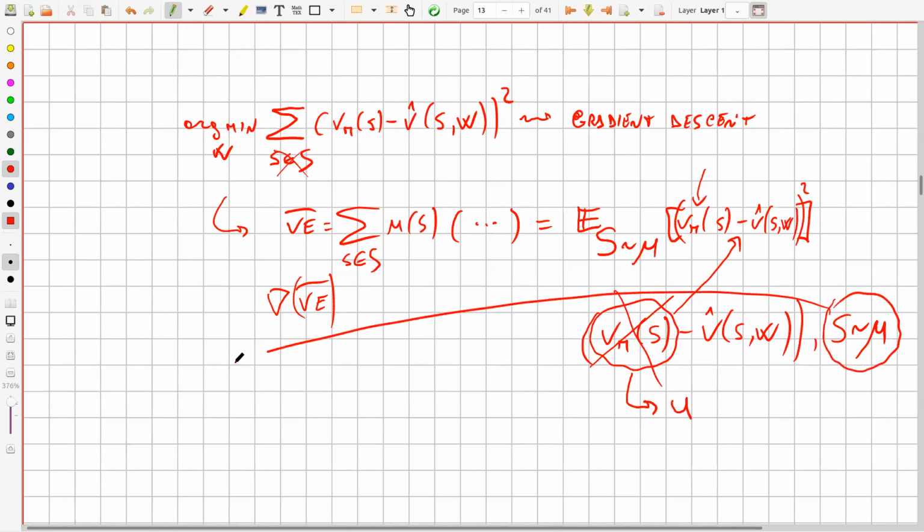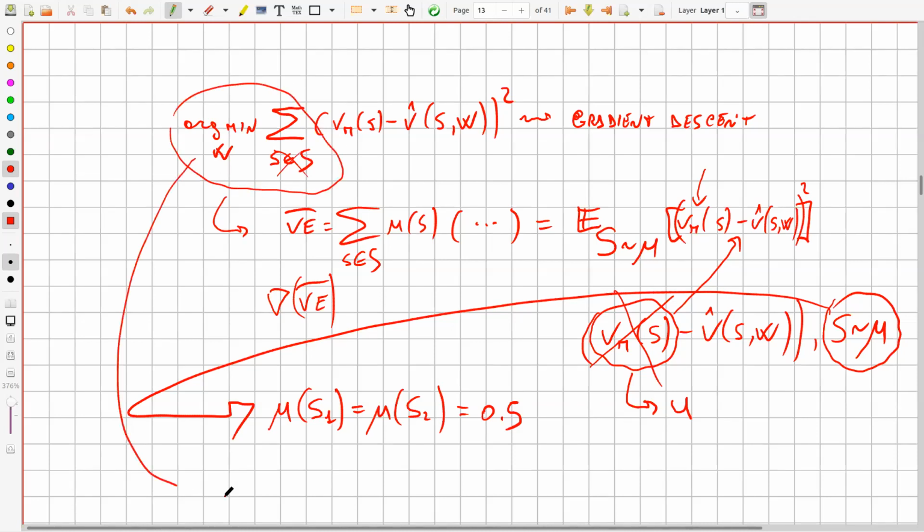For instance, just to be clear, if this distribution is concentrated on two single states in equal part and 0 on every other state, then this argmin we are looking for, that we are estimating in this way, would be just the average of the two values, right?